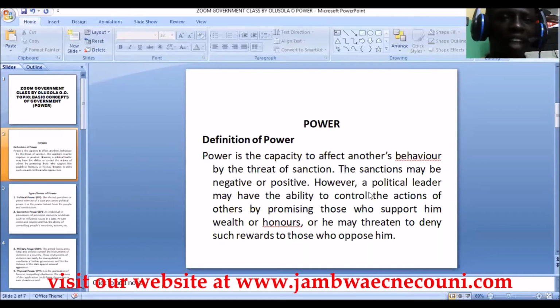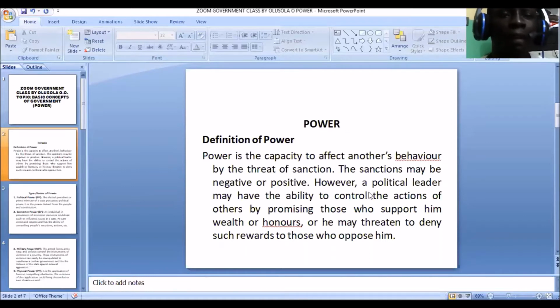Many writers have given different definitions of power, but the general knowledge of power is that power is the capacity to affect another's behavior by the threat of action.